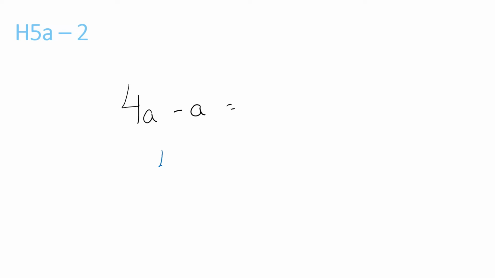4a minus a will be the same as 4a minus 1a, and 4 minus 1 is 3, then you bring the a down, so it will be 3a.